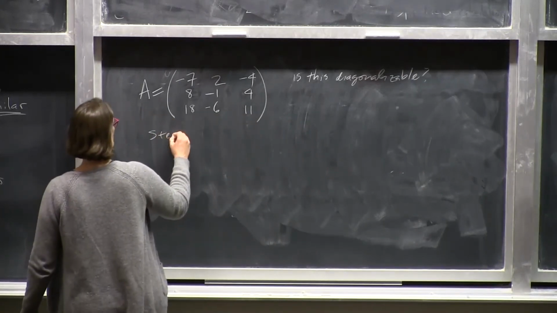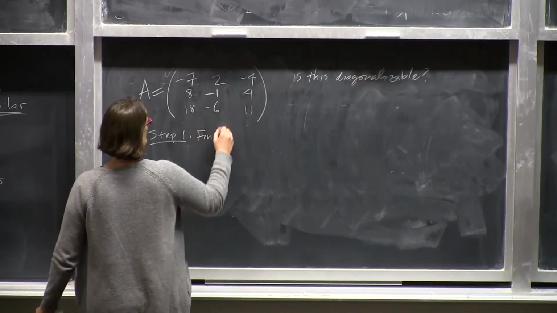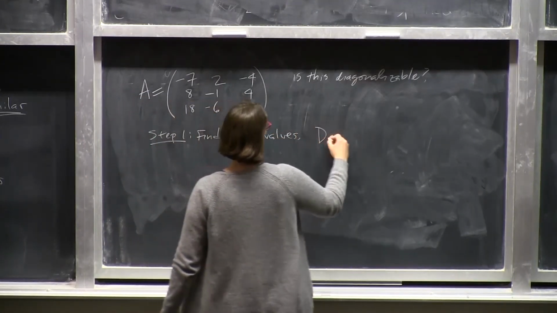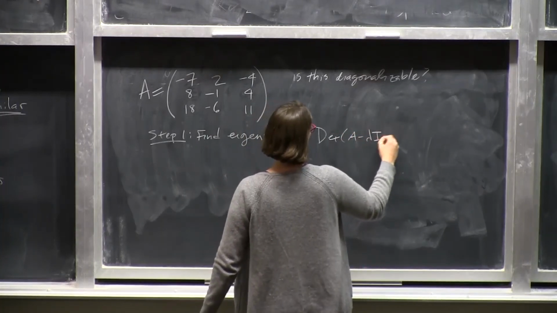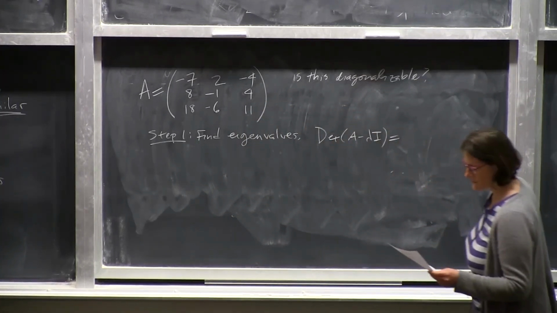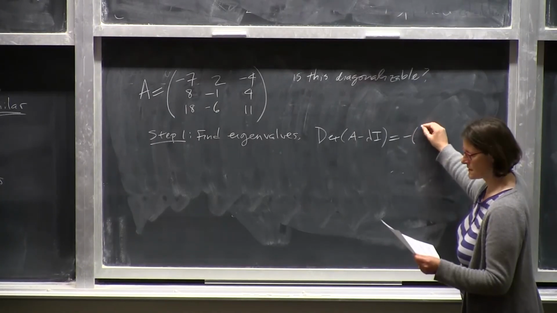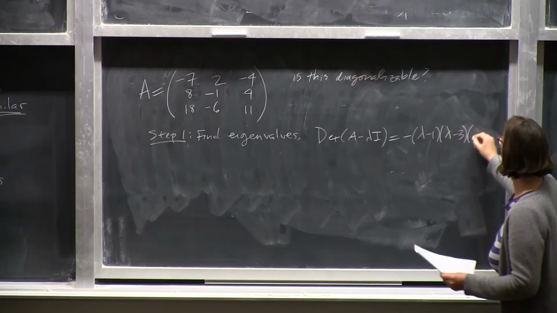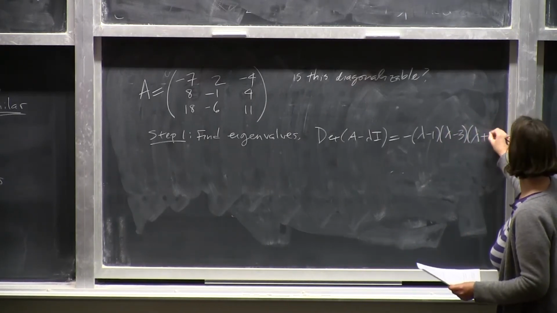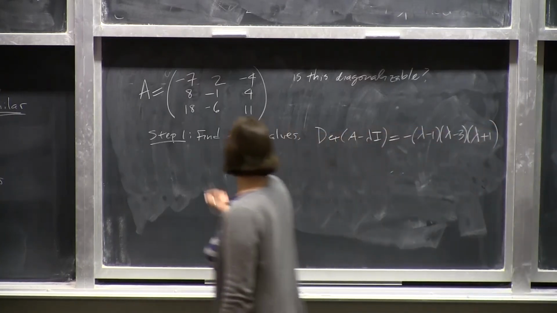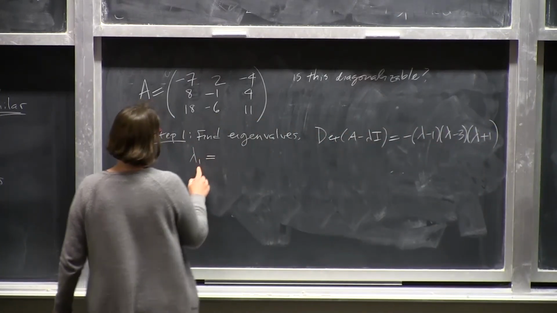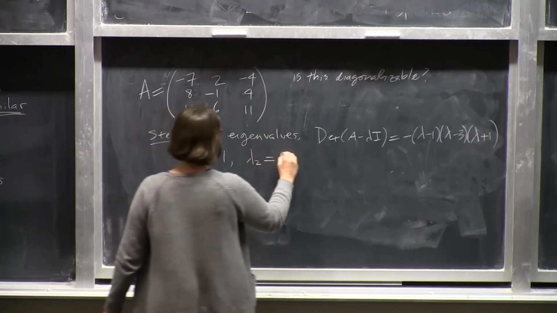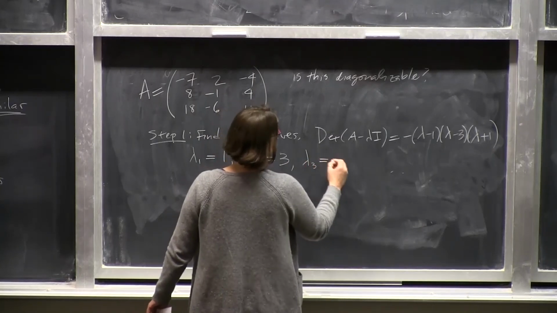So step 1, find eigenvalues. For that, we computed the determinant of A minus lambda I, and we found that it was equal to minus (lambda minus 1)(lambda minus 3)(lambda plus 1). So the first eigenvalue would be 1, the second eigenvalue would be 3, the third eigenvalue would be minus 1.